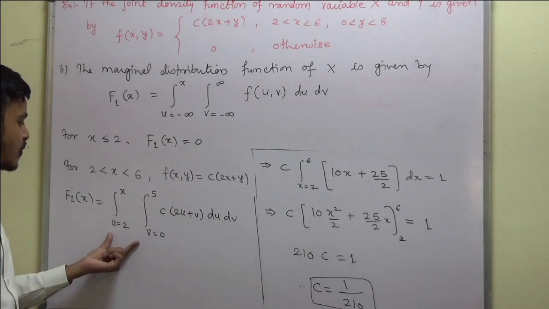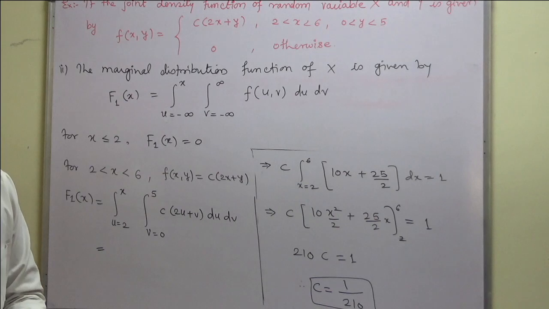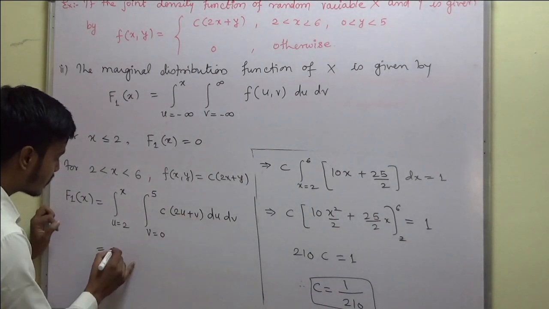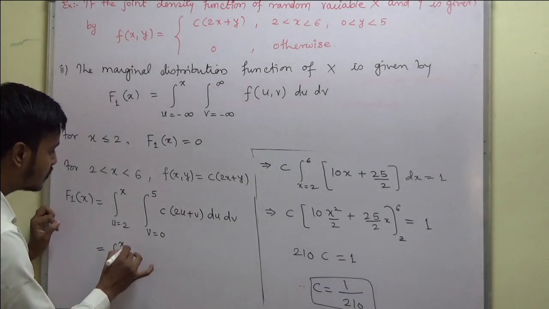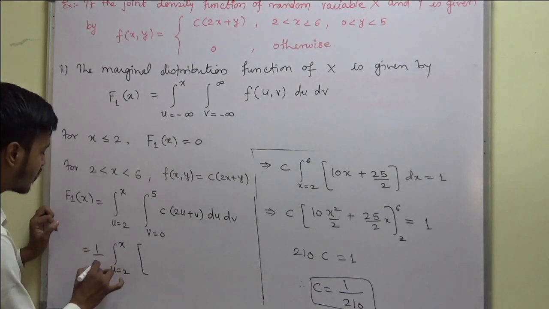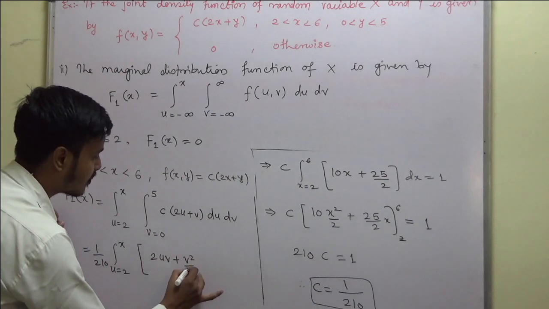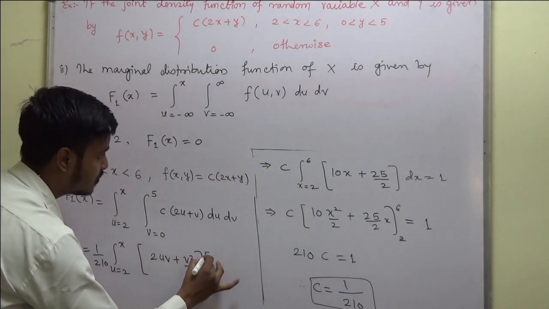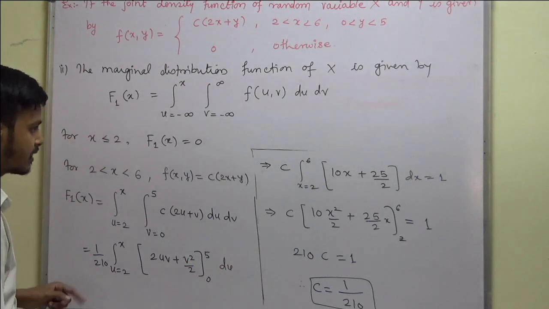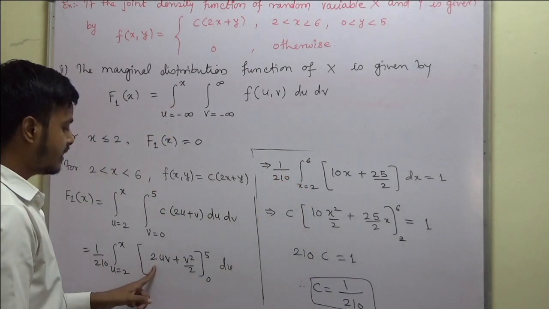When you solve this, you first integrate with respect to v. So integration u equal to 2 to x, then what is its integration? c is 1 upon 210, so 1 upon 210 times 2uv plus v square by 2, limit 0 to 5, du.